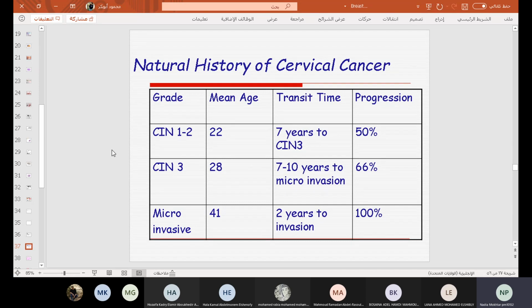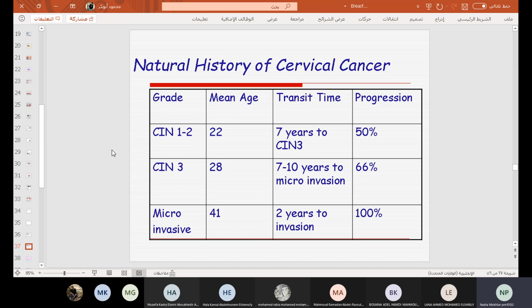In the Western world now, sex is open and they undergo sexual activity quite early in their life. But it takes 7 years to develop from cervical intraepithelial neoplasia 1 and 2 up to grade 3. And this progression occurs in only half of the cases.